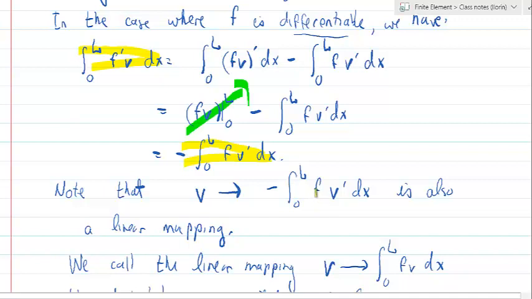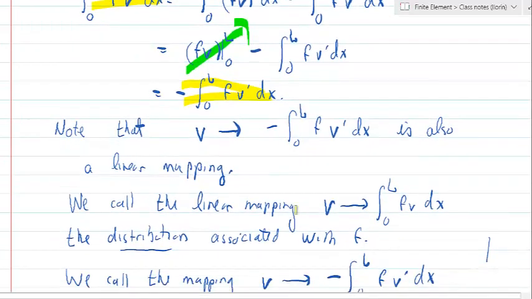Now we call the original linear mapping the distribution associated with f. This is the original linear mapping. V goes to the real number, that's the integral.